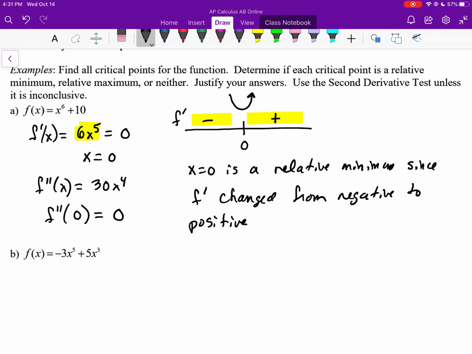Don't stop there, because if you stop there, you will not get the correct answer. Just because f prime changed from negative to positive does not mean that x equals 0 is the relative minimum. It could be at some other point. Why is x equals 0 the relative minimum? Because f prime changed from negative to positive at x equals 0.